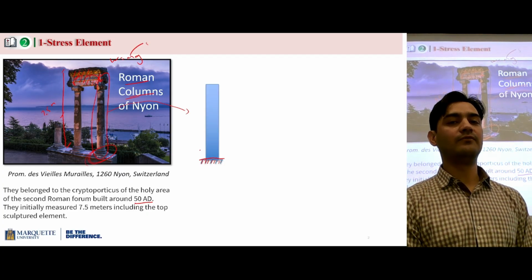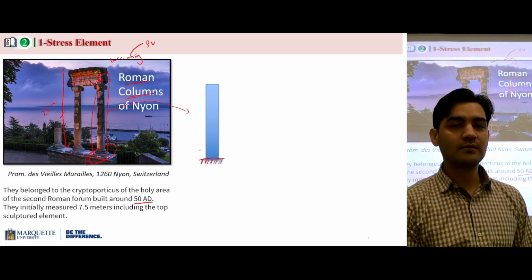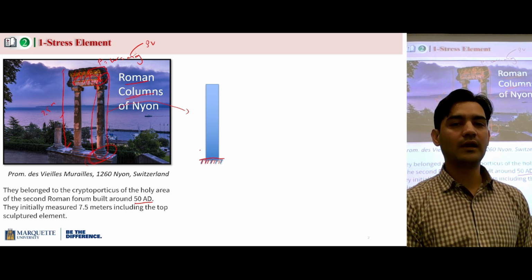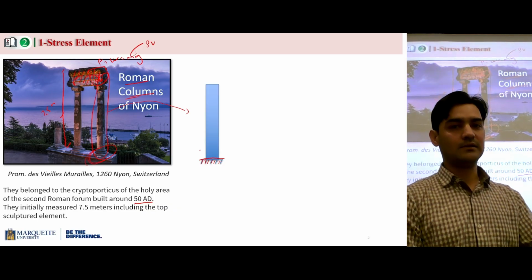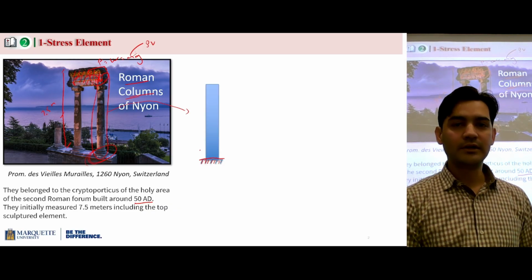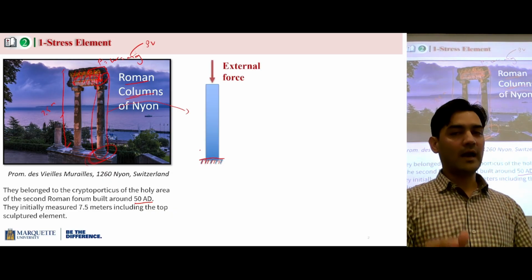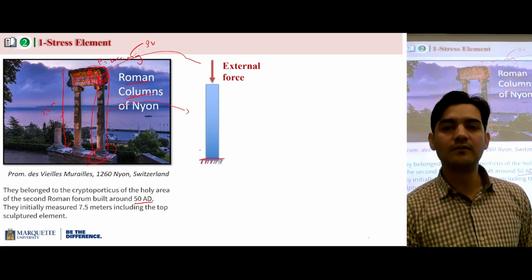Mass you can calculate if you know the density and the volume. So this weight is actually a force. If you calculate the mass of half of this massive limestone member, you can calculate the force. We can do the idealization of this part as an external force.